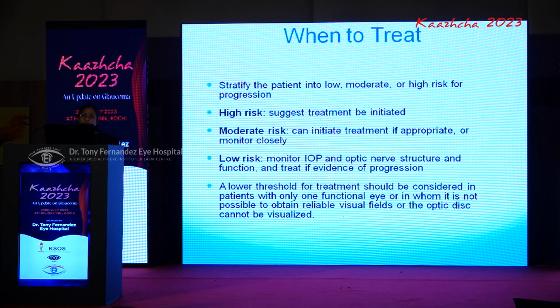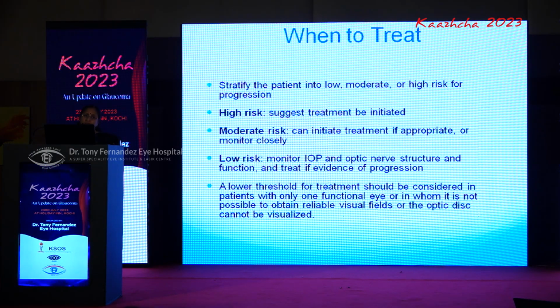And you have to tell them the pros and cons of starting a treatment and reach a decision. So high risk patients, you should suggest that treatment be initiated, and you should tell them the disadvantages that they may face. And in moderate risk, you can start treatment, but you can also monitor closely without starting a treatment.